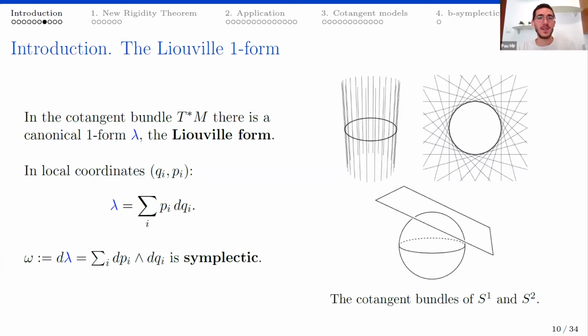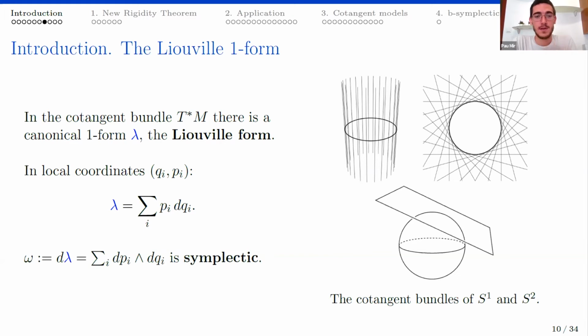I already spoiled that we will talk about the version of this theorem in the cotangent setting, so we will introduce what the cotangent lift of a Lie group action is. First, we have to set ourselves in the cotangent bundle, which is the natural bundle to formulate physical problems. In the cotangent bundle, you all know that there is a canonical one-form, the Liouville one-form, which in local coordinates you can always write as p dq.